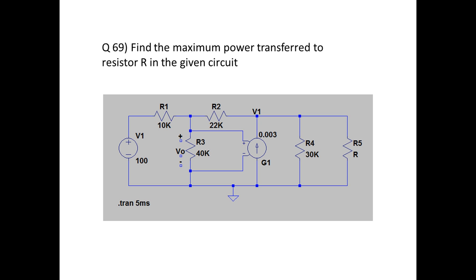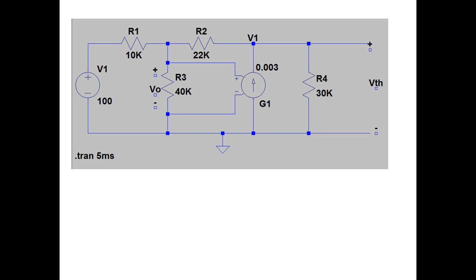Question 69. Find the maximum power which is transferred to the resistor R in the given circuit. To find VTH, we apply nodal analysis at node 1. We get 100 minus V0 by 10 is equal to V0 by 40 plus V0 minus V1 by 22.